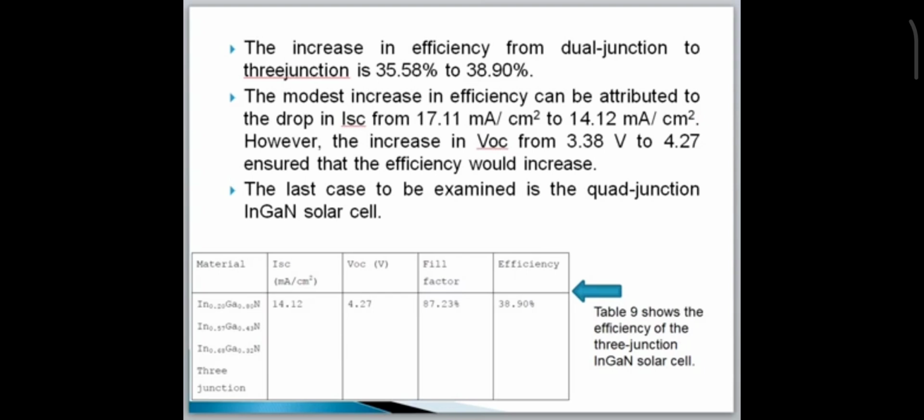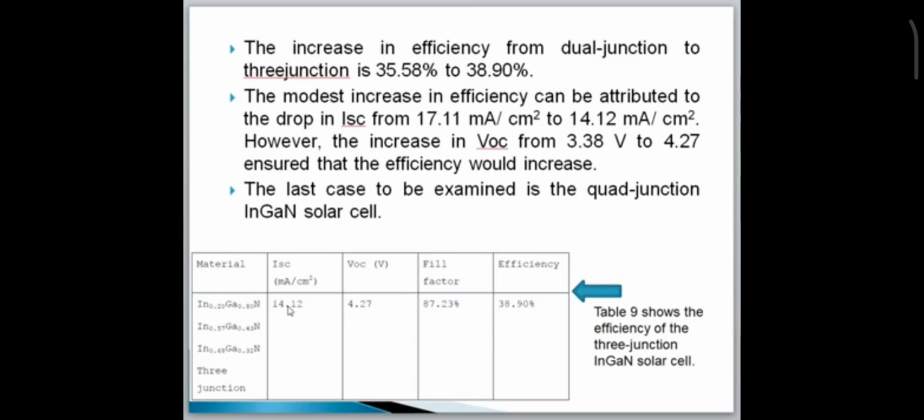The modest increase in efficiency can be attributed to the drop in short circuit current from 17.11 mA per centimeter square to 14.12 mA per centimeter square. However, the increase in the open circuit voltage from 3.38 volt to 4.27 volt ensured that the efficiency would increase.